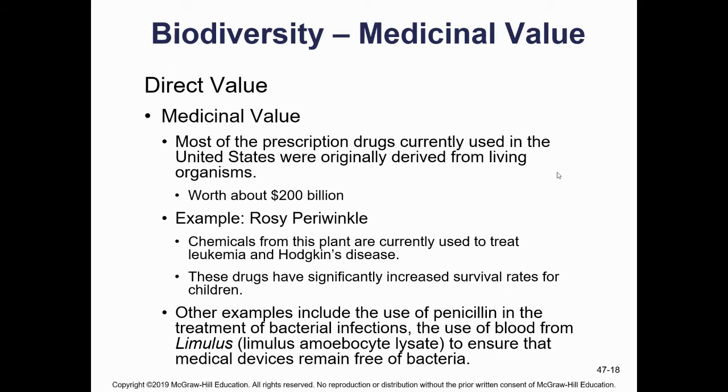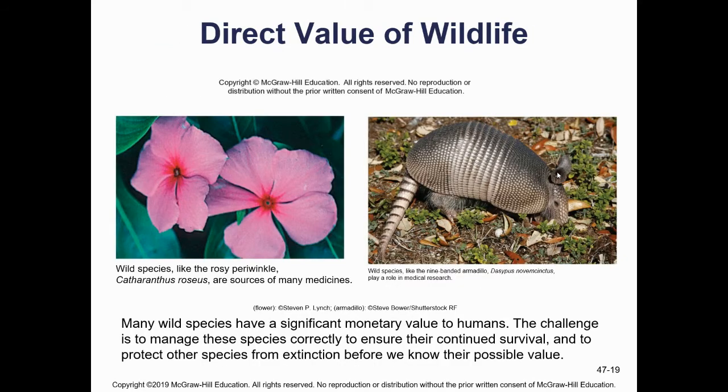So we have lots and lots of areas that we're still looking at, and at the same time we're destroying habitats and losing these species at a rapid rate. Hopefully we don't lose them before we find how they can help us. So we want to make sure we manage these to ensure their continued survival so that we don't lose species before we know what value they could possibly have to us for human health.